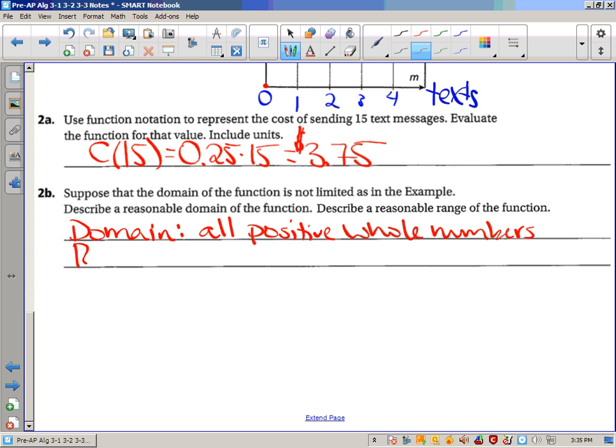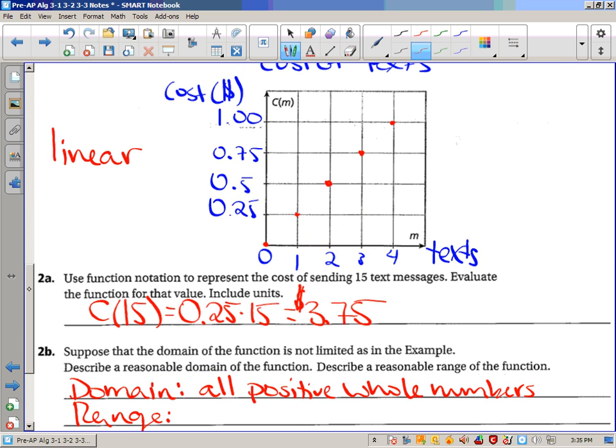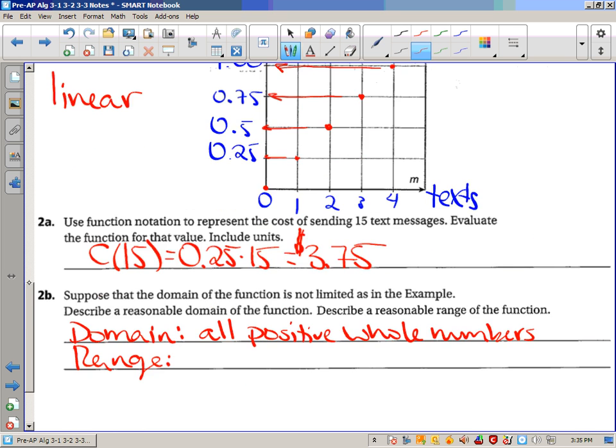But what about the range? My range, which are my dependent variables, my outputs, are not whole numbers. Because see here, for this point, it's 0.25. Here, 0.5, 0.75, 1. Those are not whole numbers. But what they are, are multiples of my scale, multiples of 0.25.